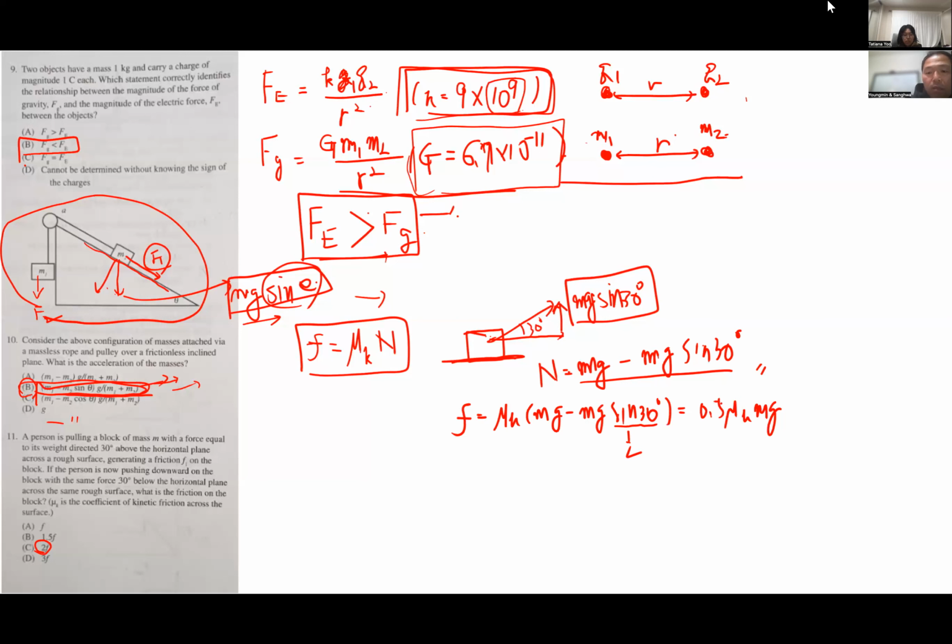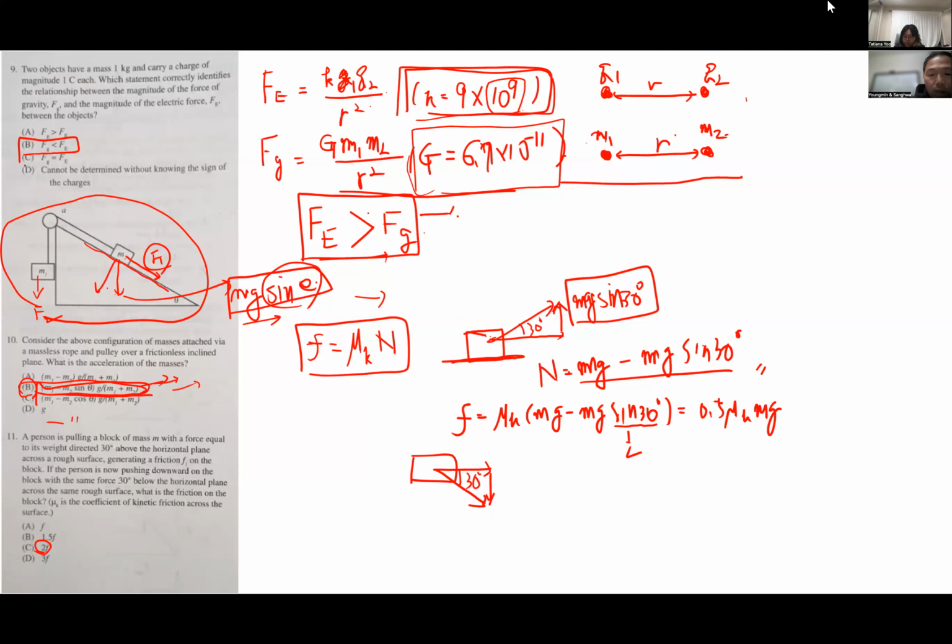Now if you pull the block downward at 30 degrees, right? Then asking how much frictional force the block will experience with that 30 degrees down. So you still have a vertical component, but it's downward.